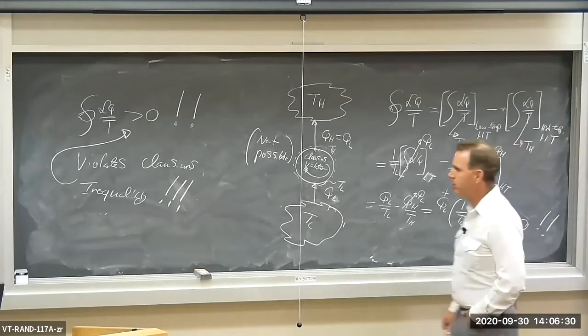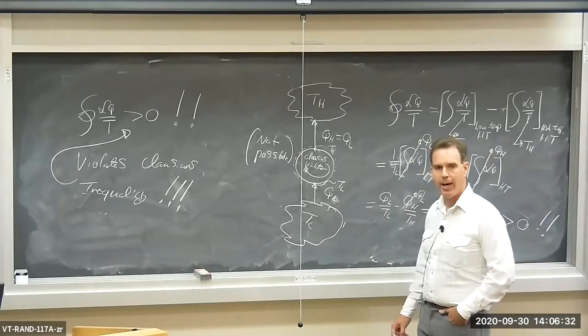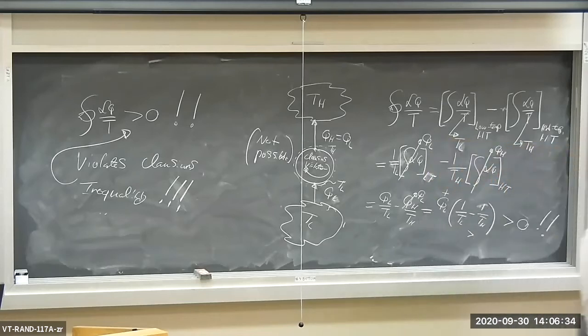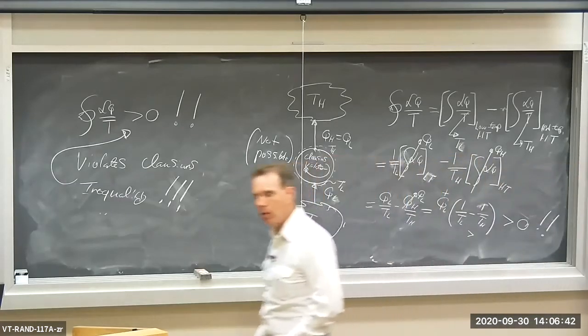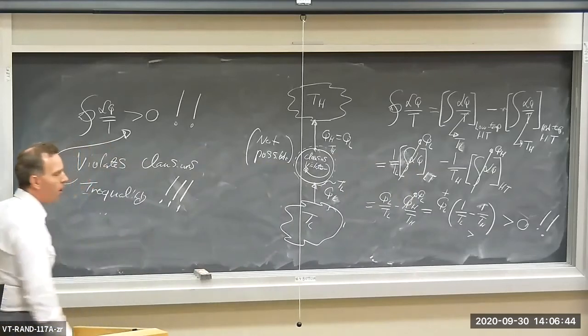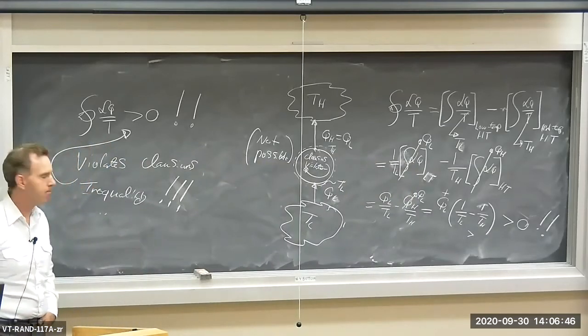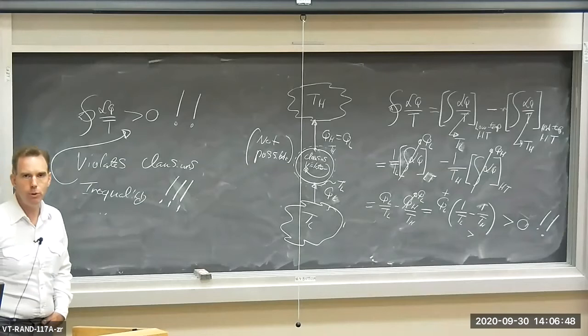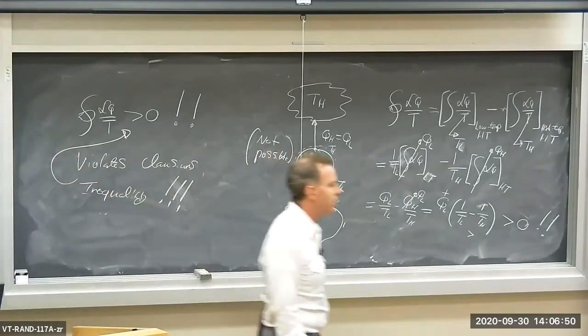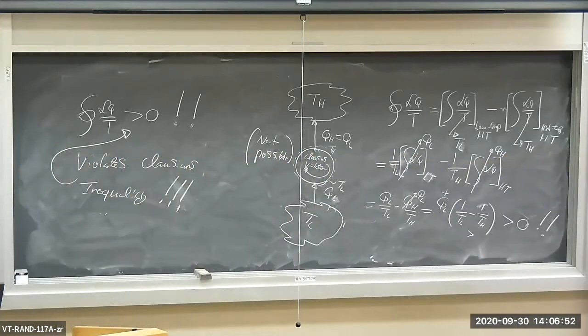So the Clausius inequality is a mathematical reformulation of the pictorial statement of the second law of thermodynamics. We don't need the pictures anymore. We've got the Clausius inequality, and it says the same thing. You could do a similar proof for the Kelvin-Planck statement, a Kelvin-Planck violator.